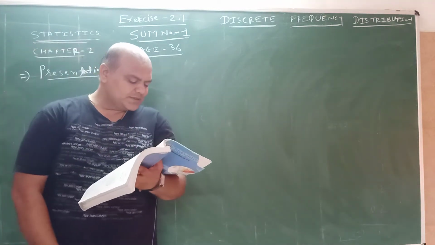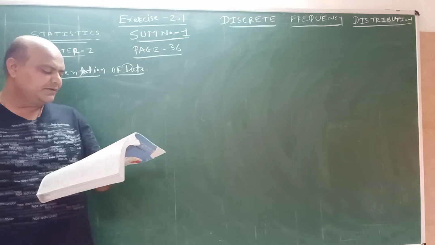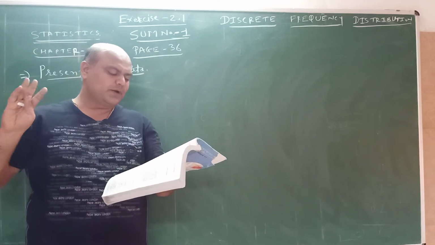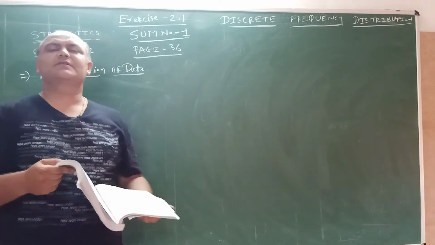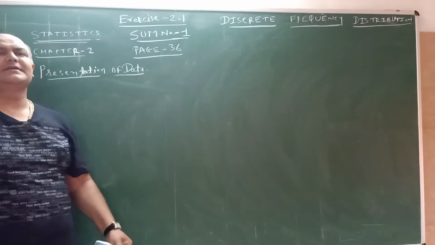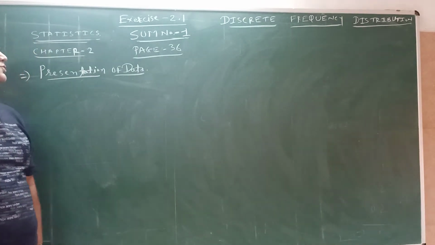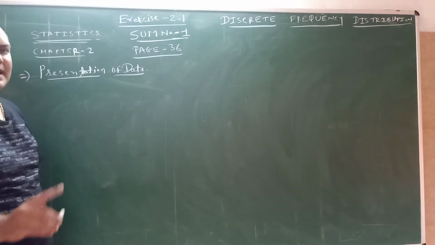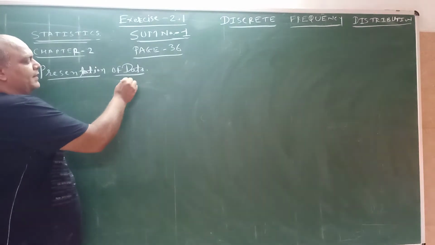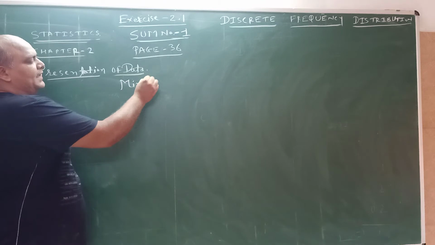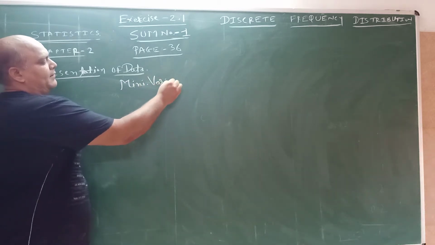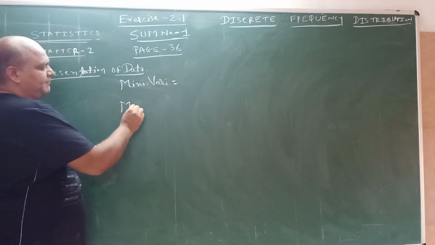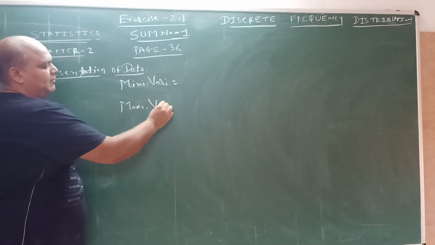Now see students, all the observations: 1 1 2 0 1 1 1. Our first criterion is whether it is discrete or continuous. First of all, we have to write down the minimum observation and maximum observation, or we can say the minimum variable and maximum variable.